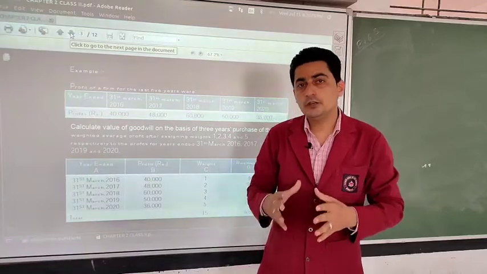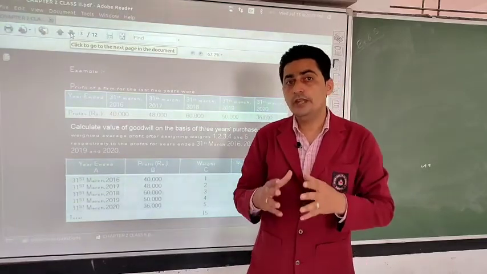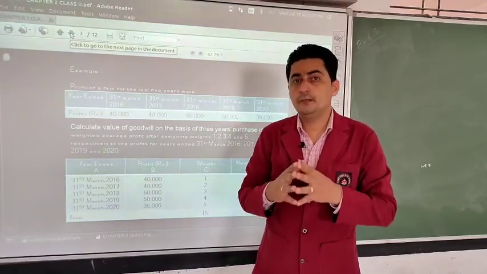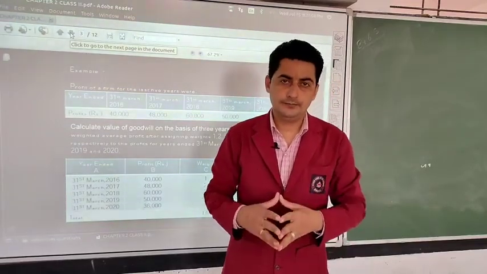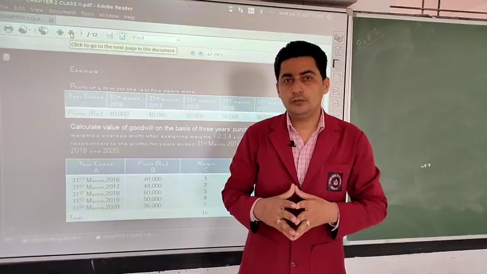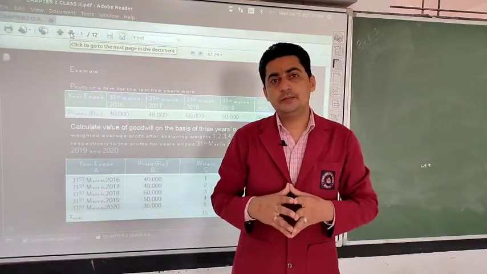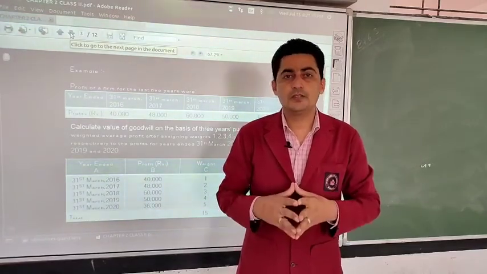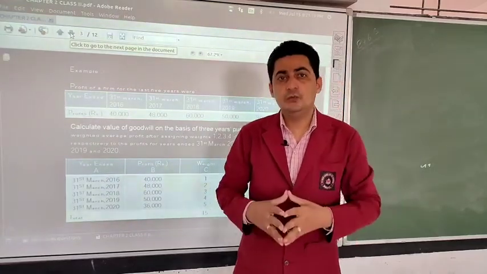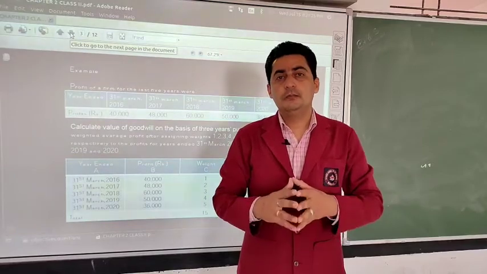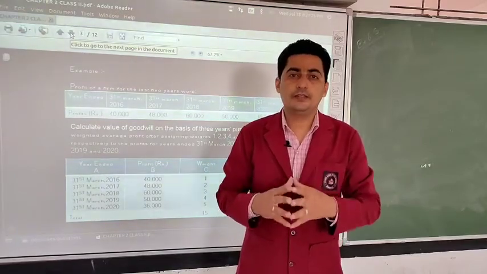After calculating total profit of previous years, we have to divide it by the number of previous years so that we can get our average profit. Once we get our average profit, it is multiplied by the number of purchase years to get our goodwill. So by these steps, we were calculating goodwill by using average profit method.